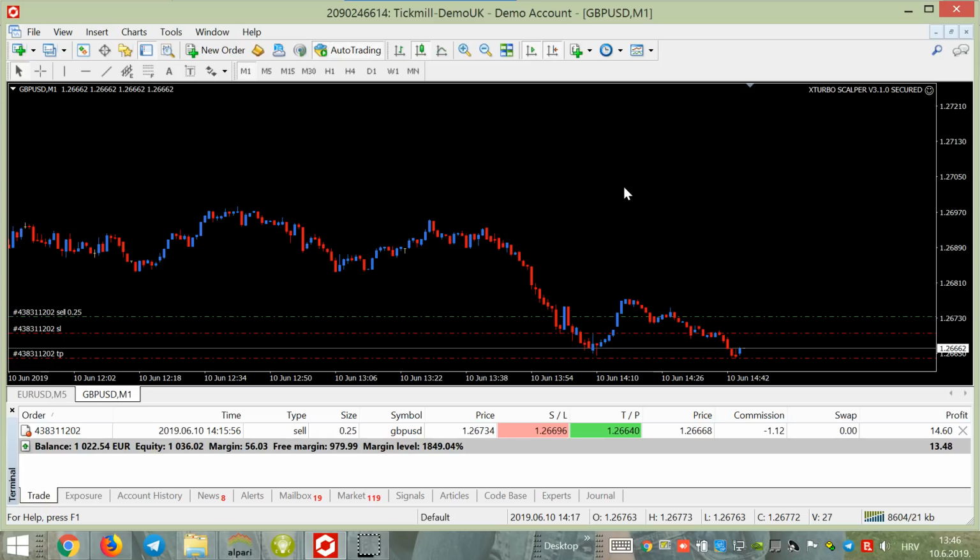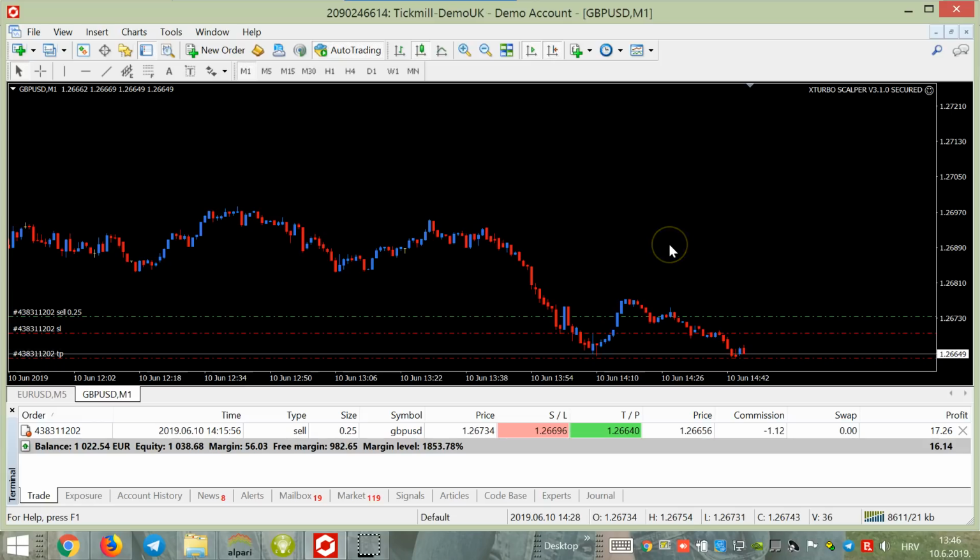So I think it's really enough. If you are patient, use only one currency pair. You can use M1 to get more trades, or M5 or M15, which I recommend. And you will be getting trades. Do not be impatient.